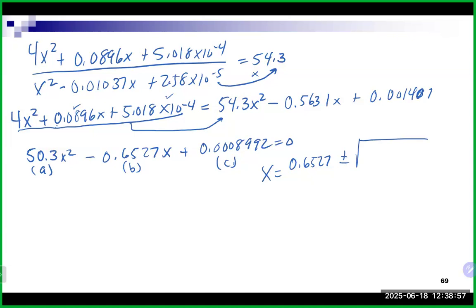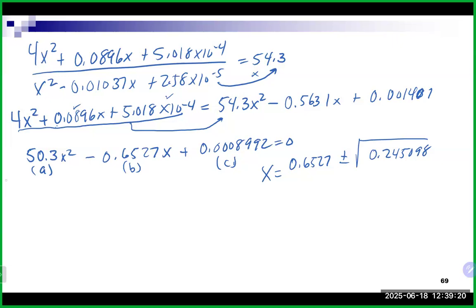0.6527 squared minus 4 times a, which is 50.3, times c, which is 0.0008992. That gets us inside the square root 0.245098.